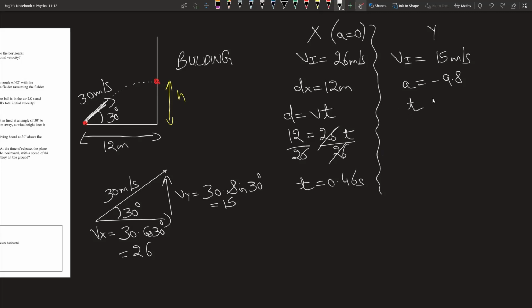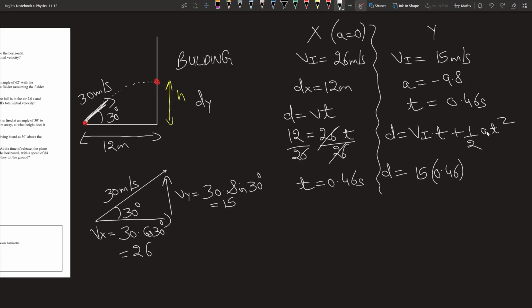You go back to y and you say, now I know my time. It's 0.46 seconds. Look, I have 3 pieces of information. Means that now I can find anything. This h is pretty much displacement in y. So I need to use the formula for d, which is d equals vit plus half at squared. Okay, so let's punch in the values. Vi is 15, time is 0.46.